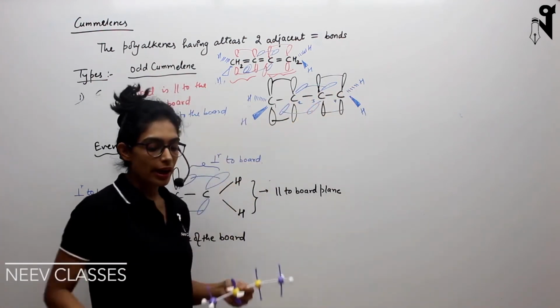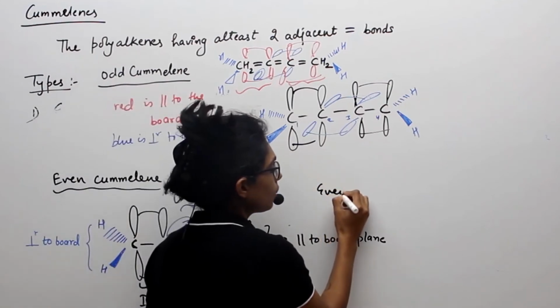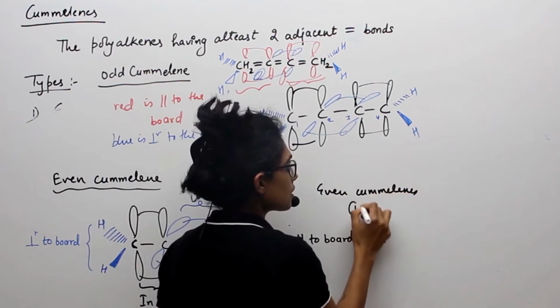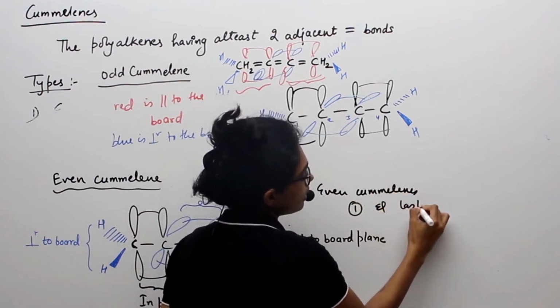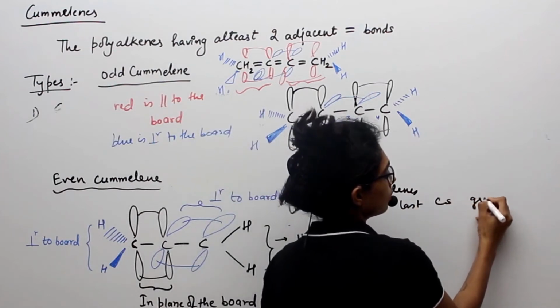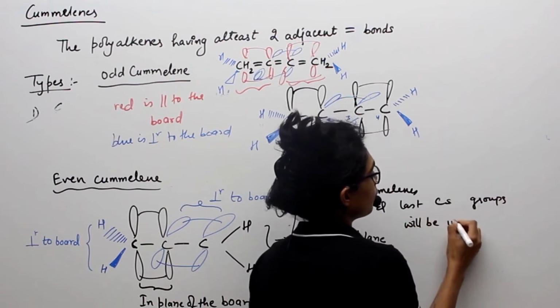But the whole idea is that in even cumulenes, the groups on the first and last carbons will be in different planes.